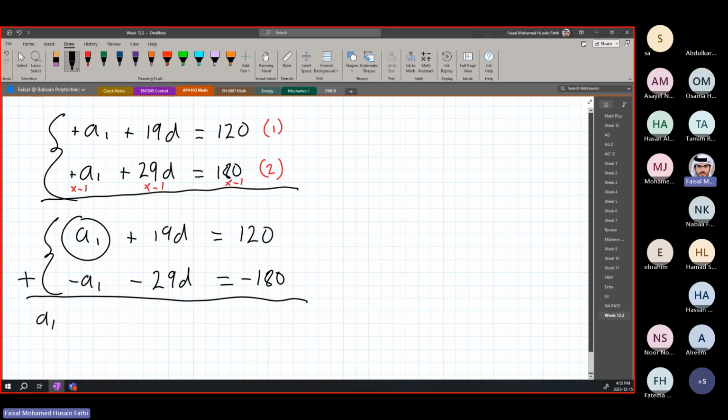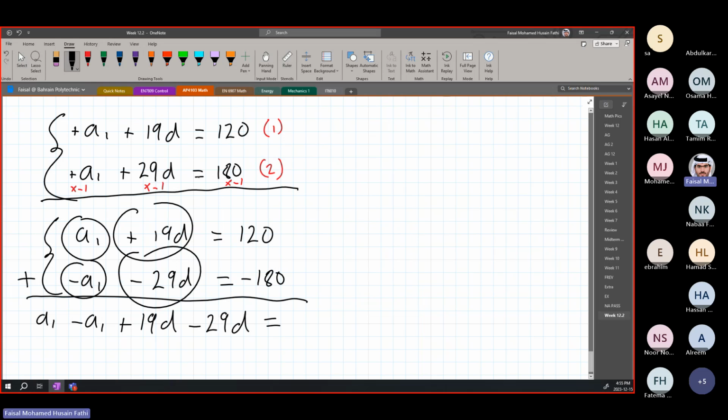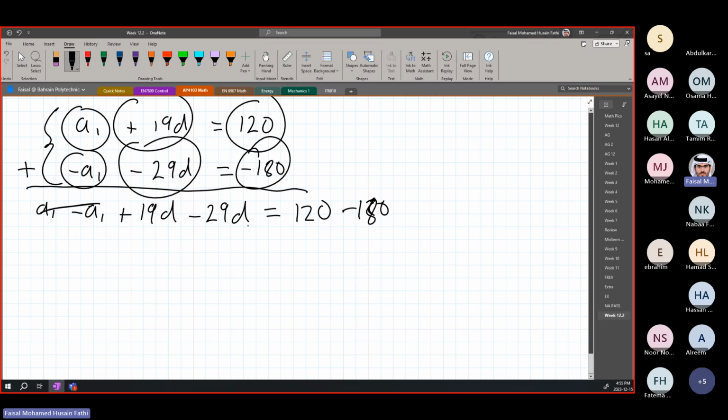We take the first term A1, second term minus A1, third term plus 19D, fourth term minus 29D, equal sign, 120 minus 180. A1 and minus A1 will cancel. You'll be left with 19D minus 29D is equal to 120 minus 180, which is minus 60. 19D minus 29D is minus 10D. Yep, minus 10D is equal to minus 60.